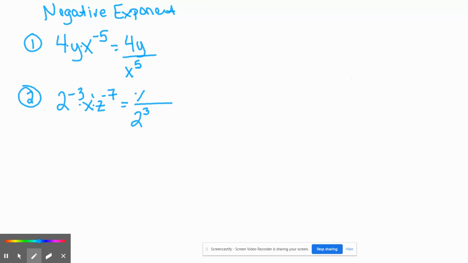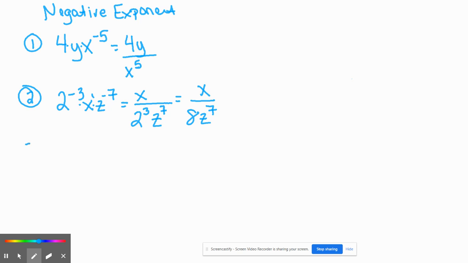So that is going to stay on the top. The z has a negative exponent, so that needs to flip to the bottom. And remember, when things flip, the exponents become positive. All right, so we are almost finished here. We need to take care of this 2 to the 3rd. If you plug that in the calculator, 2 to the 3rd, you really get an 8. So I have x over 8z to the 7th.